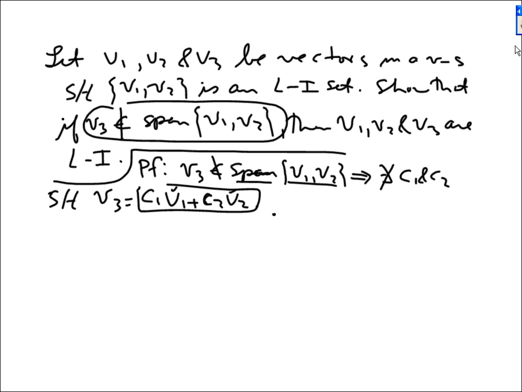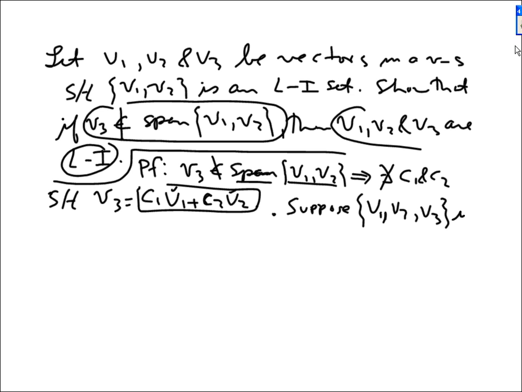Okay. Now, we can do this proof by contradiction. We want to show that this set is linearly independent. So let's suppose the other way. Let's suppose V1, V2, V3 is a linearly dependent set.